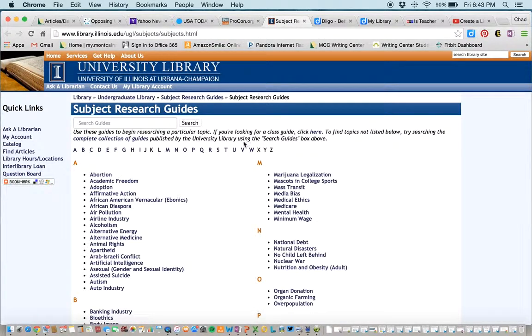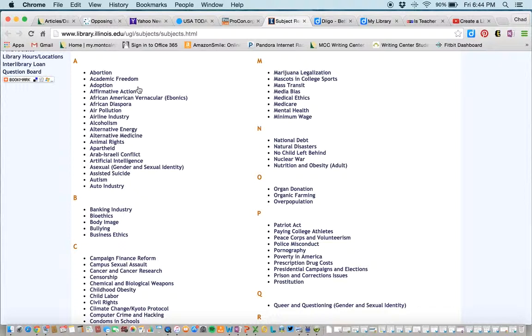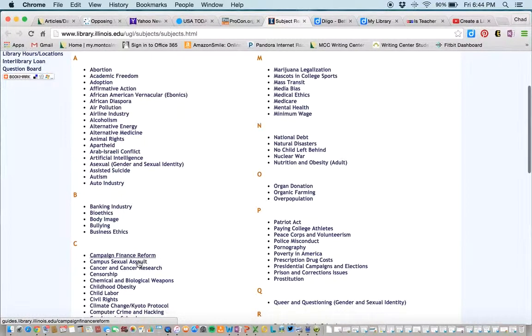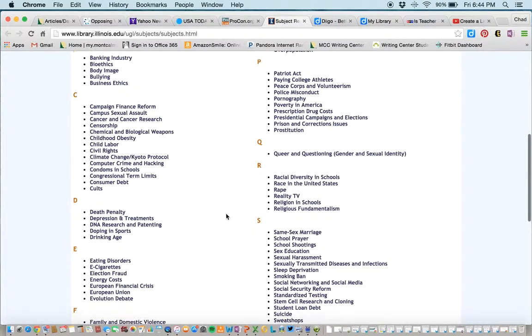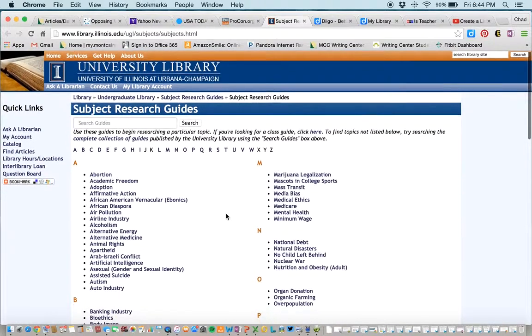Also, some colleges and universities have topic subject search guides. This one is from the University Library at University of Illinois at Urbana-Champaign. It's just an alphabetical listing of, again, broad topics, like campus sexual assault, the Patriot Act, but that would need to be narrowed down, but it gives you a place to start.